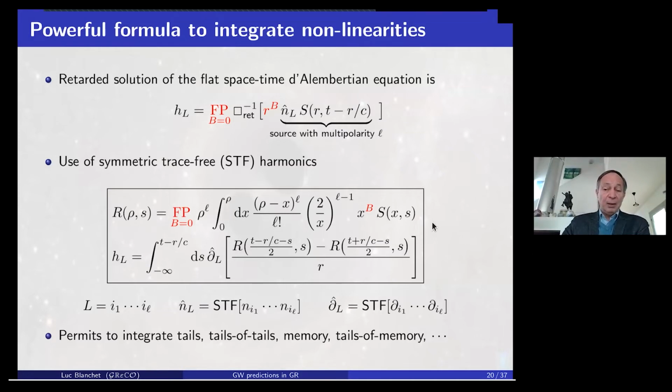And so there are very general integration formulas for these nonlinear effects, and I flash for you the general expression of these very general formulas, which come from simply the retarded integral of an extended source.